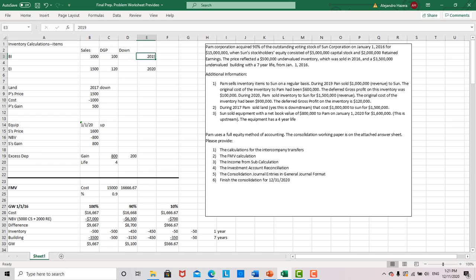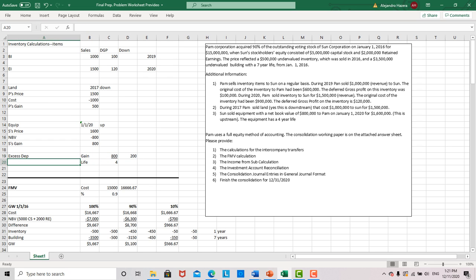So this is going to affect this year's income, as does the 120, because it occurred in 2020. And then this equipment transfer took place. This is the upstream item, which took place this year. So the income is going to be affected both by the gain that shouldn't be there and by the excess depreciation, which shouldn't be there.